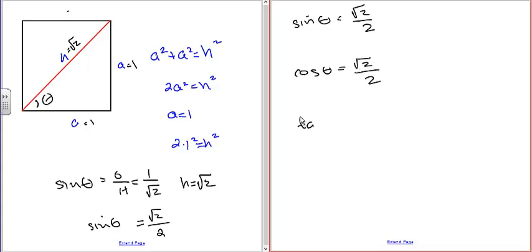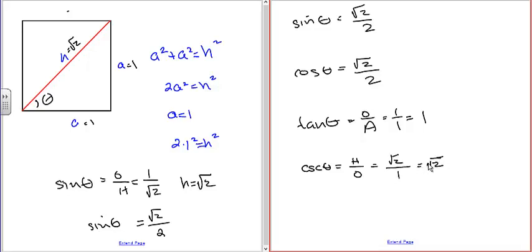The tangent of theta is opposite over adjacent, and they're both 1, so the tangent of 45 degrees is 1. The cosecant of theta is hypotenuse over opposite, and the hypotenuse is the square root of 2 and the opposite is 1, so you just get the square root of 2.